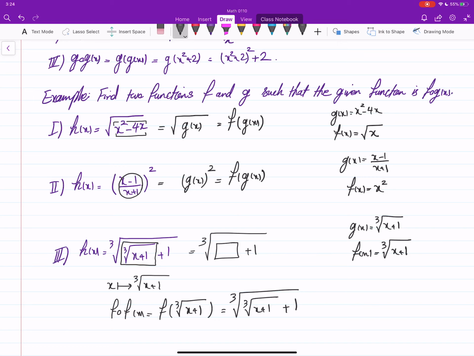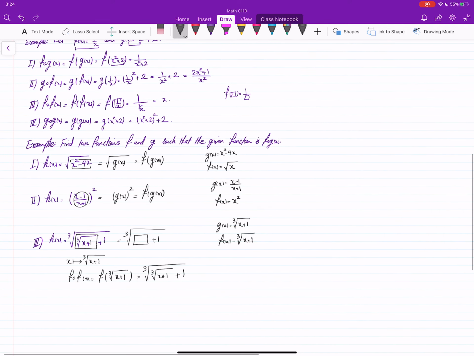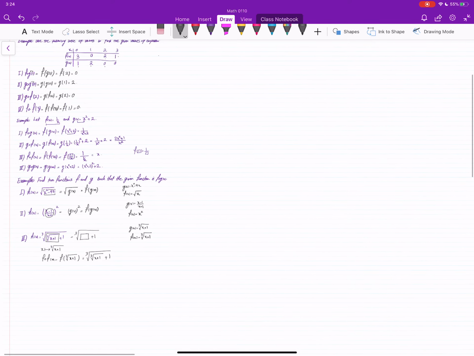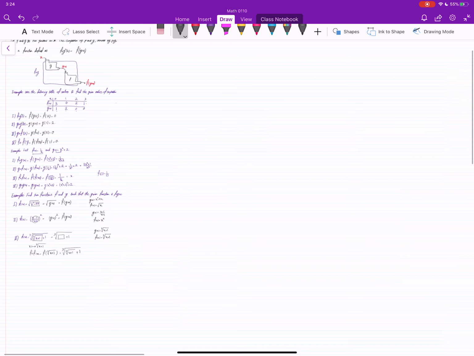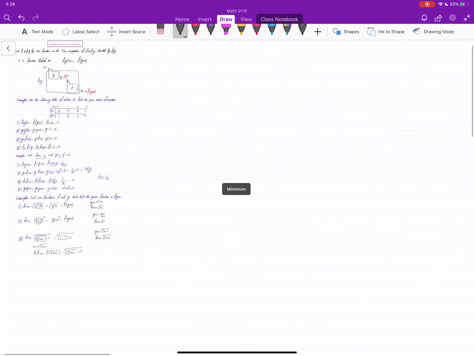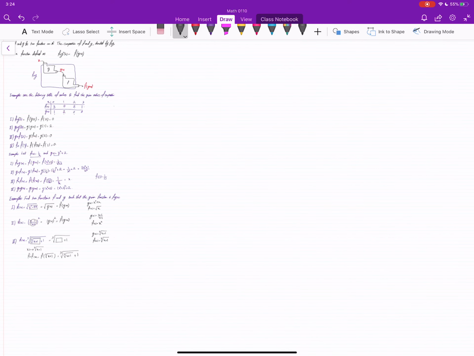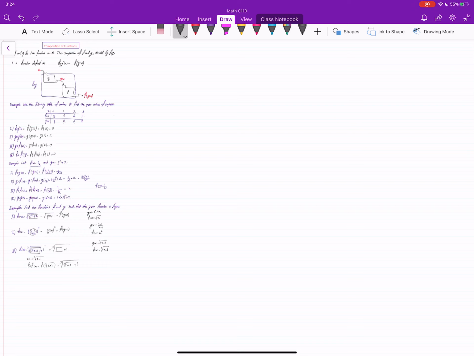Well, in this video, what we learned was the definition of the composition. What does it mean to compose two functions? The new function defined this way, how does it work, how can we evaluate that, and then we did some examples for the compositions of functions.